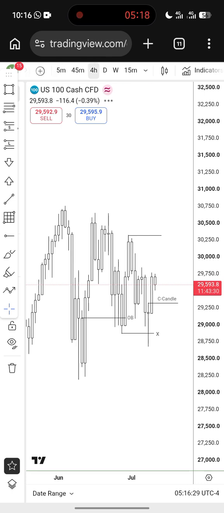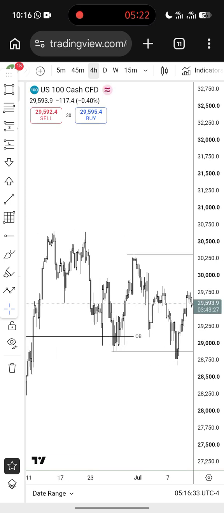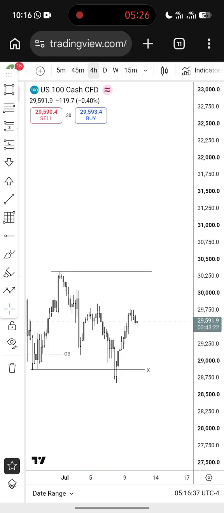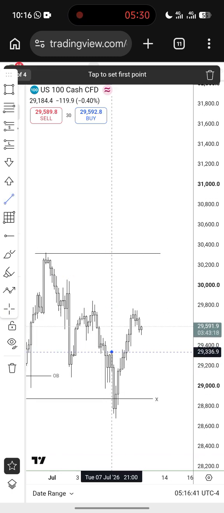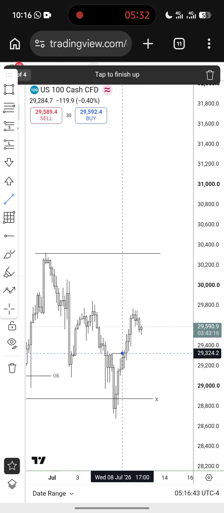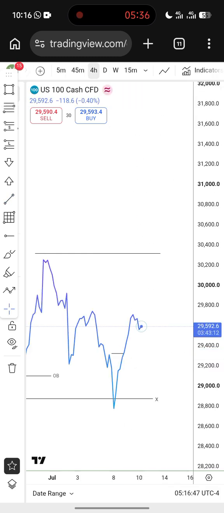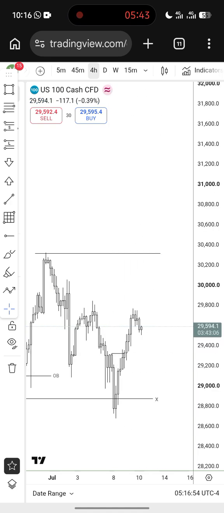This is where I look for my range for our time frame. But for extra confirmation, I will use lines to see if it is real. So back to this.